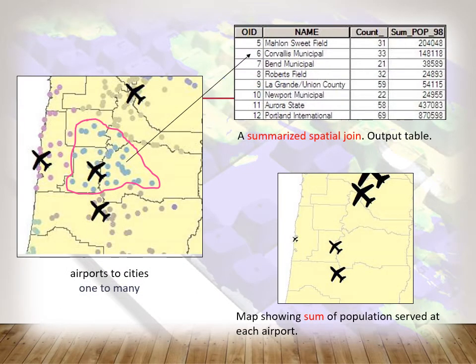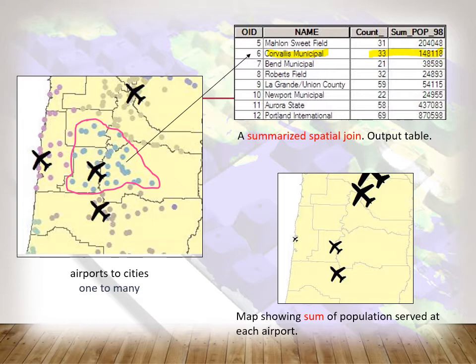So, airports to cities, one to many. So for each airport, instead of, again, listing all the cities, because you can't do that nicely in the table, it just summarizes those cities. So for that summary, it gives you a count. So for this airport, the Corvallis Municipal Airport, there are 33 cities with a population of 148,000 people.